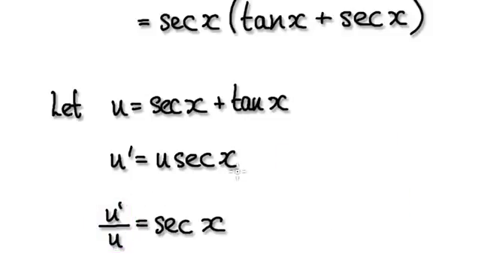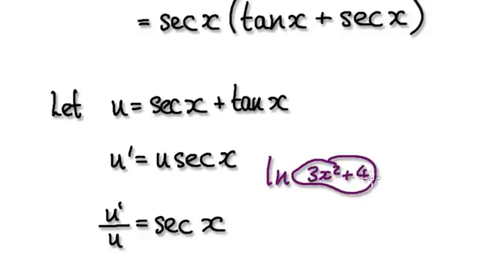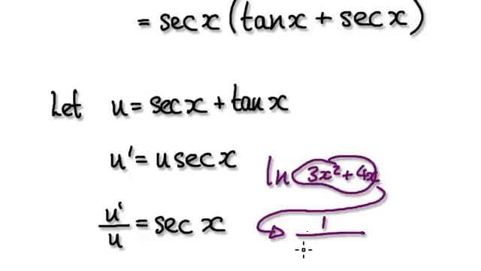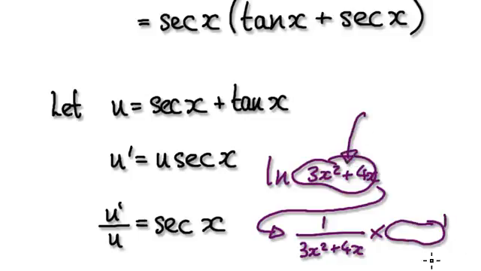Think of the natural log, because if I were to ask you to differentiate this, let's say 3x squared plus 4x, you would do this. The 1 over the bubble will stay intact, and then we've got to times it with the derivative of the bubble itself.